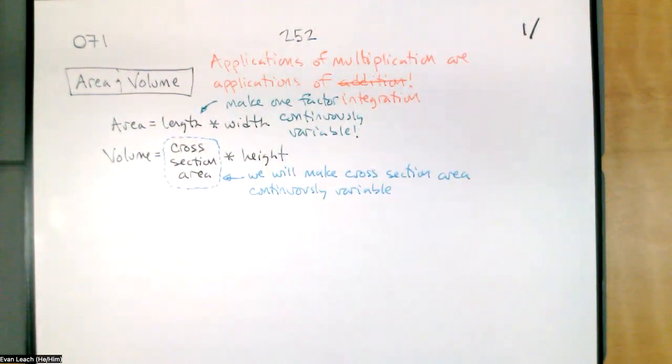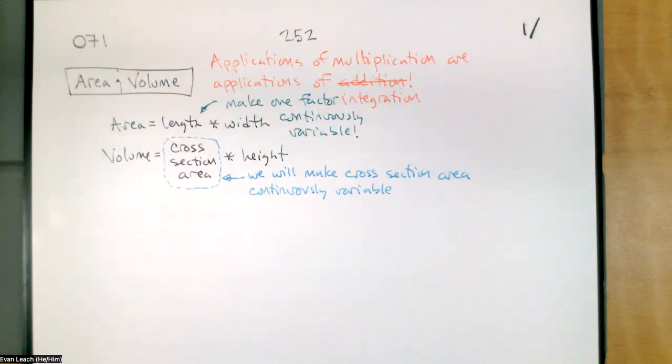So we are going to be making the cross-sectional area continuously variable. We have to do this one instead of the height. We're going to write the area as a function of the height. But we have to do the cross-sectional area because we only get one variable.